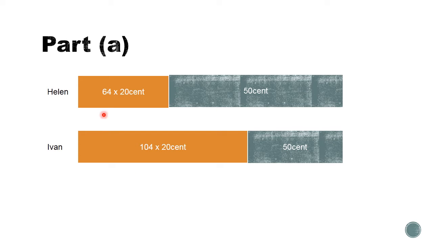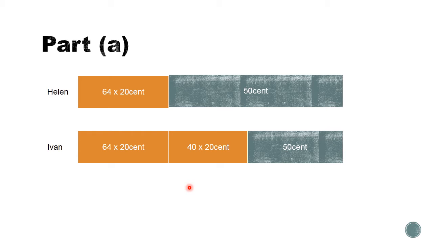I also know that Helen has 64 20-cent coins, while Ivan has 104 20-cent coins. Then of course the rest must be 50 cent. So 50 cent all the way up to here, then 50 cent all the way up to here.